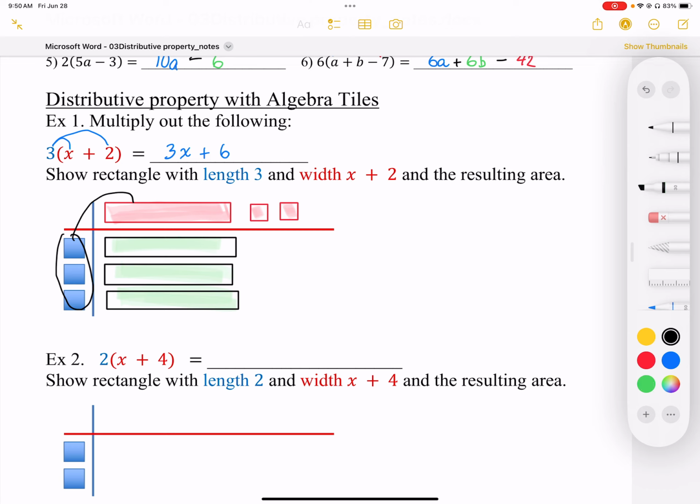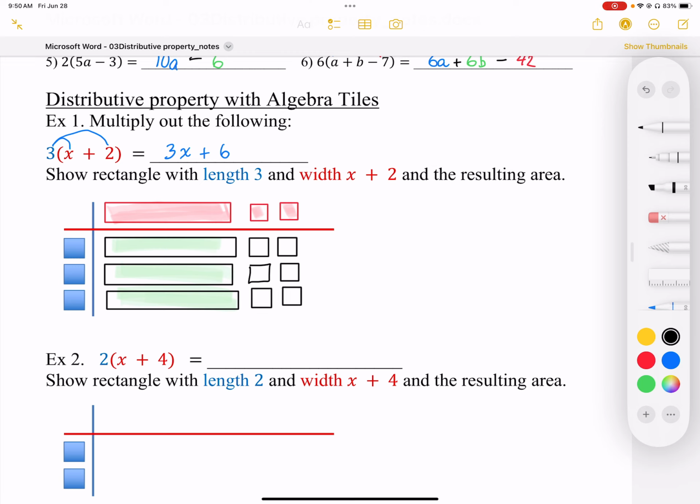And then we can see that the area that we get when we have 3 times 2 is going to be our 6 ones. And we can see that our length and width are going to be 1 and 1. That's going to give me 1 here, 1 here, 1 here, 1 here, 1 here, and 1 here.